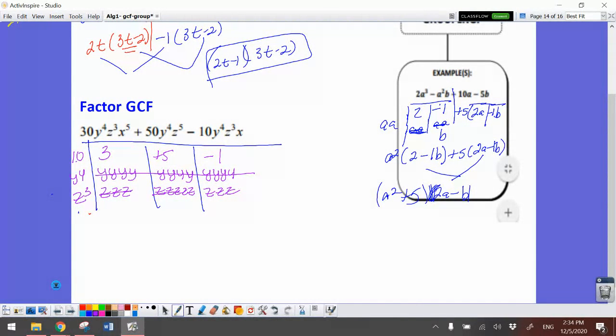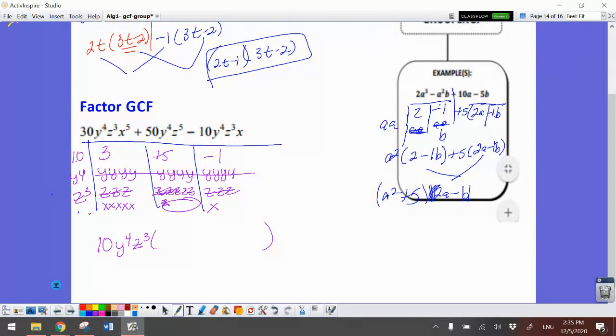Gone, gone, and gone. And then what about x's? There's 5 x's here. There's none here. And there's 1 here. So can I take any x's out? No, I can't take any x's out because this one doesn't have any. So far, my GCF is looking like 10y to the 4th z cubed, and then I have to deal with what's left.